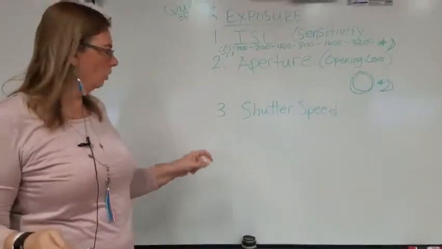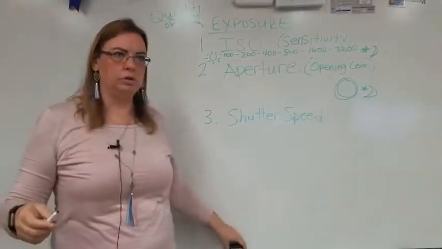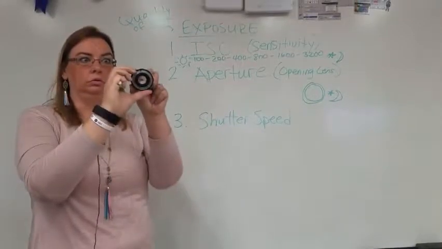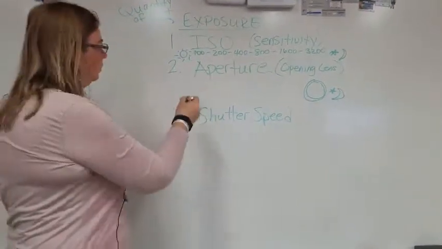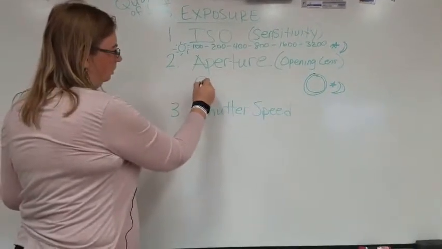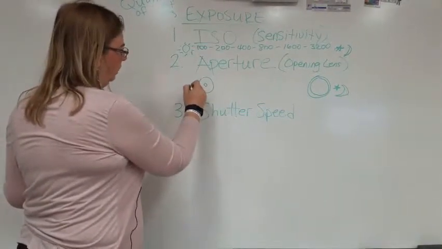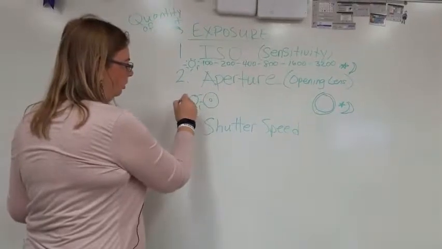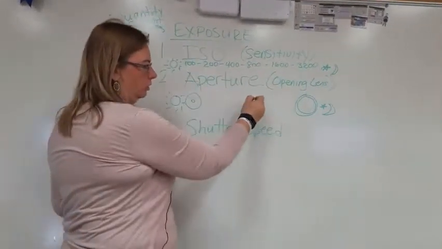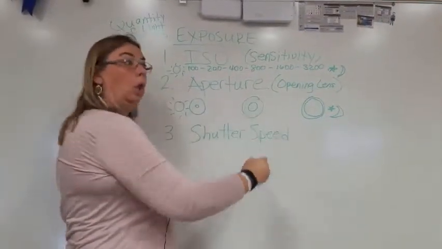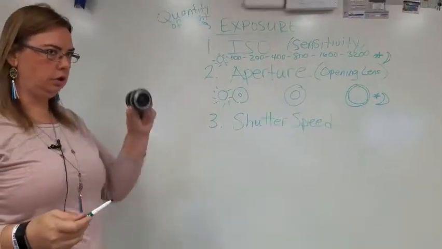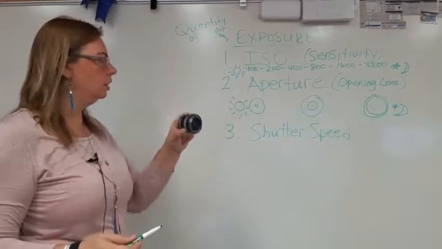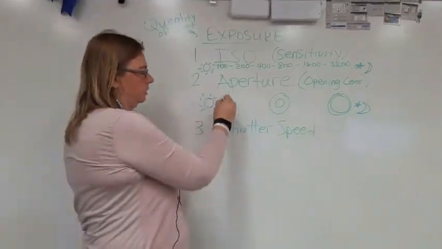So what am I going to use in the bright light? Just like my eyeballs. I'm going to close it, right? So I'm going to have a smaller opening in the bright sunshiny day. And then the other stuff goes in between. So, you know, normal, okay? So far, so good. You getting this? Kind of makes sense? Okay, but I'm going to add one more piece to this.